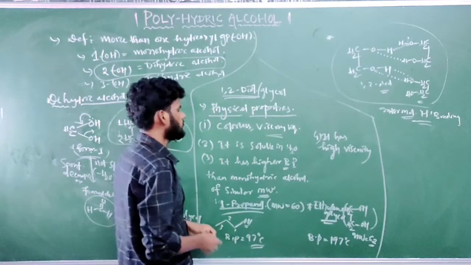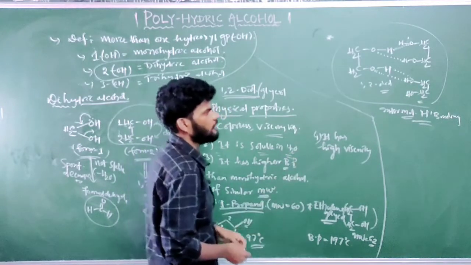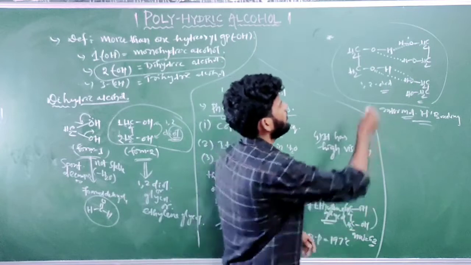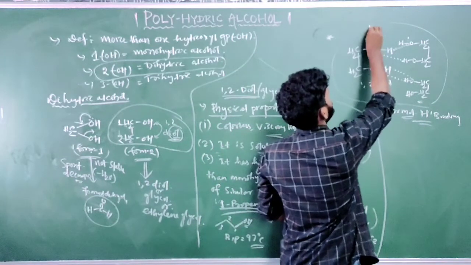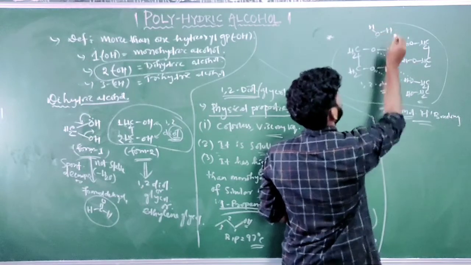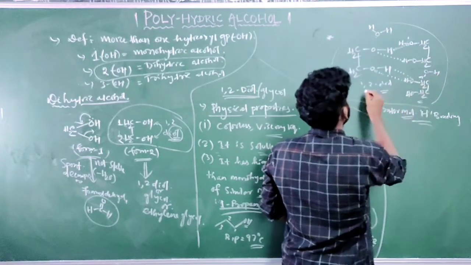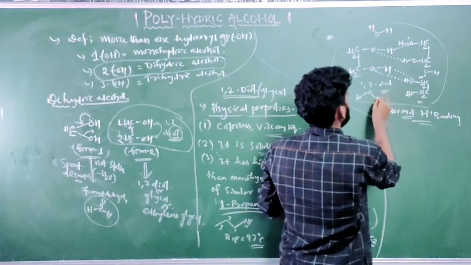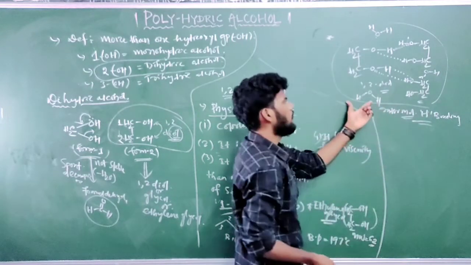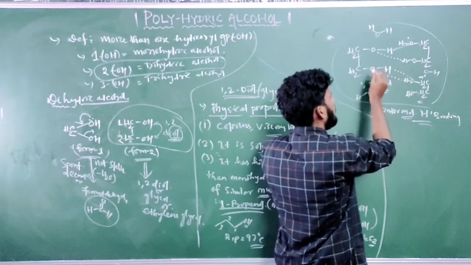Understand? The next point: it is soluble in water. How is it soluble in water? If water molecules surround the glycol molecules, here H-O-H water, here also, the water molecules make hydrogen bonds to the 1,2-diol.